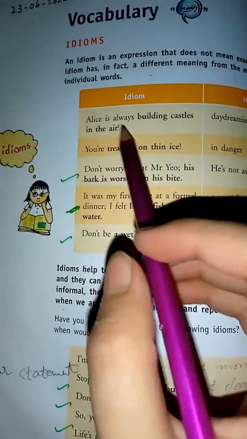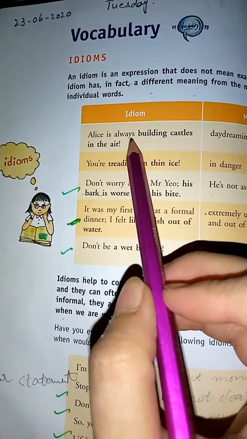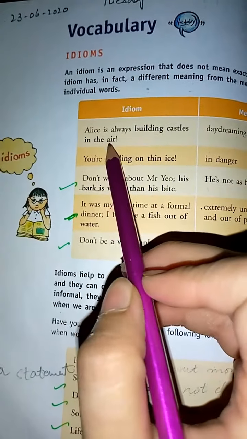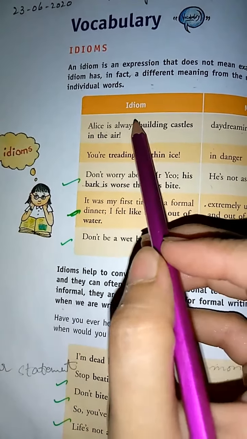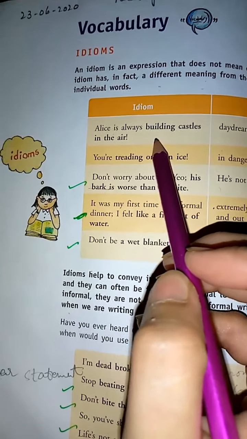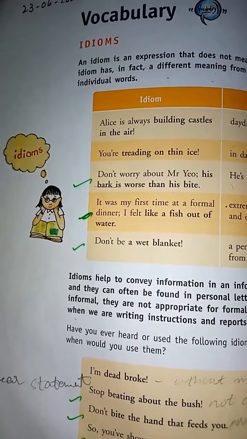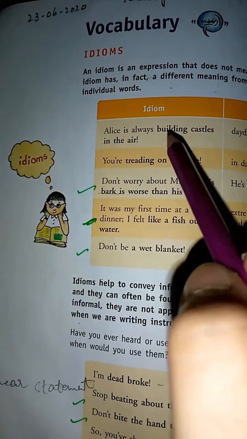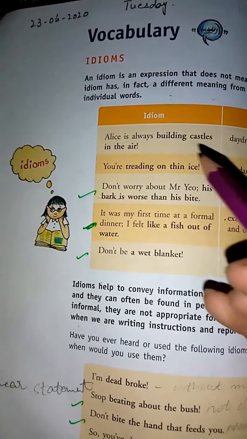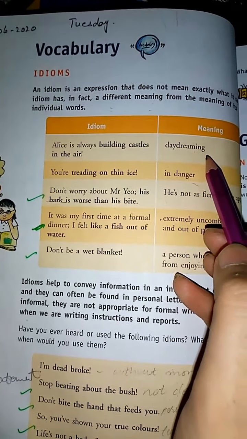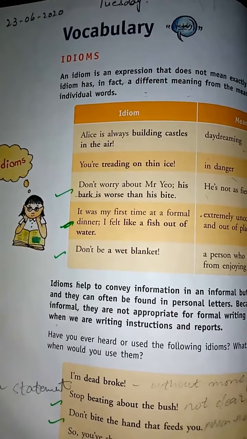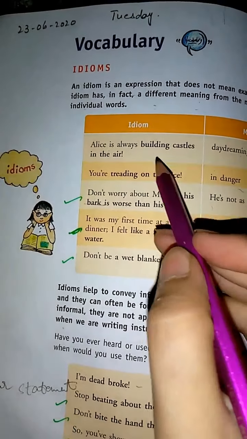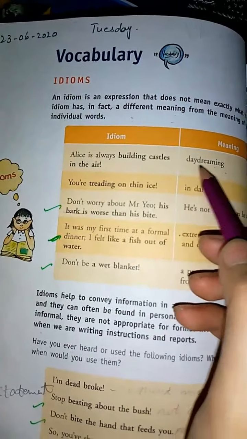For example, when I am saying you, Alice is always building castles in the air. Is it possible to build castles in the air? No, it's not possible to build the castle in the air, and it doesn't mean exactly what it is looking like. Okay, it means daydreaming, that is, seeing dreams in the day. So building castles in the air means daydreaming.